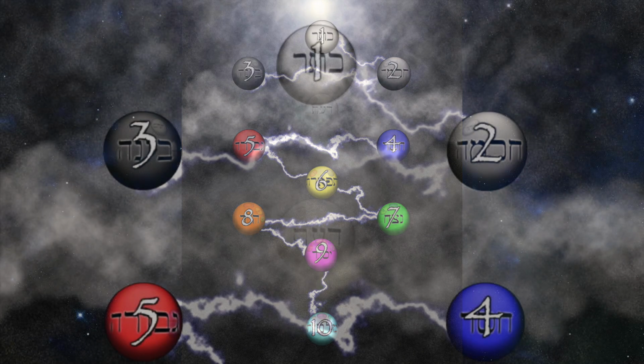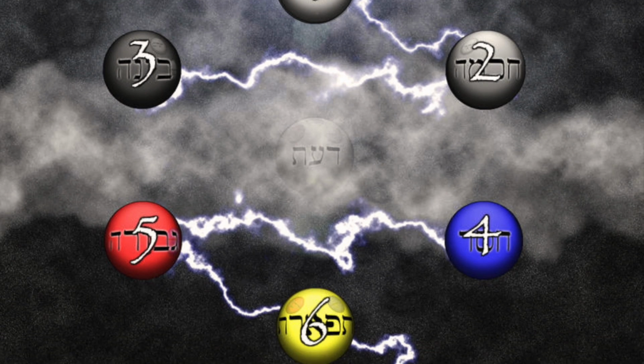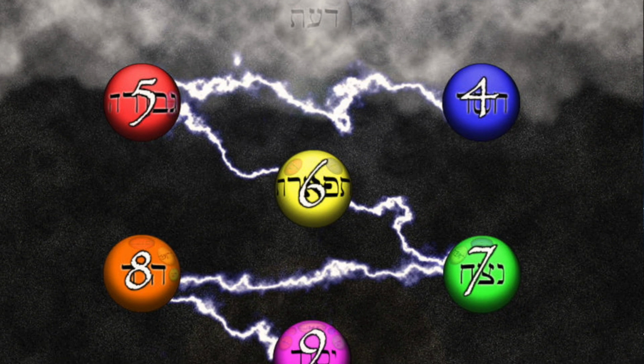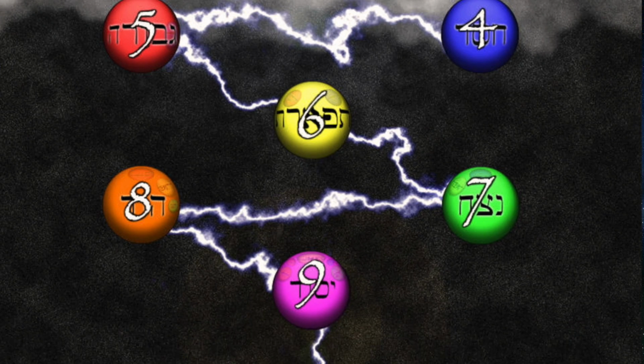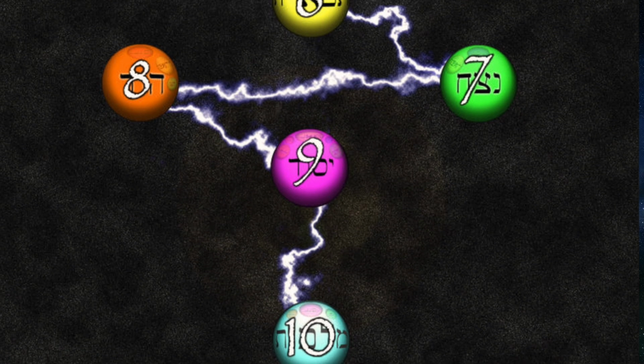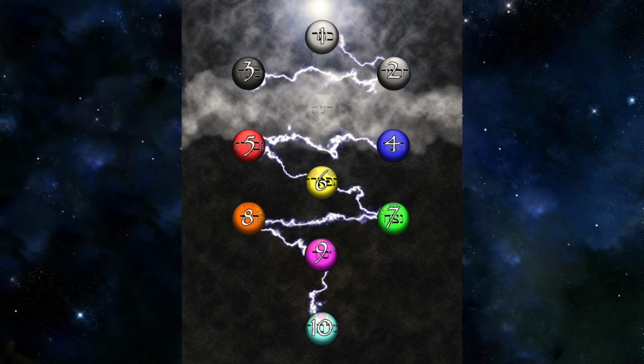Keter is number 1. Number 2 is Hokmah on the right, the top of the pillar of mercy. Number 3 is Binah at the top of the pillar of severity. Number 4 is Hesed. That's the middle of the pillar of mercy on the chart there. That means mercy. Keter means crown. Hokmah means wisdom.